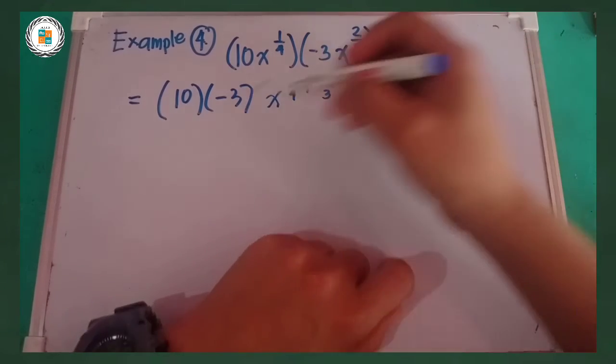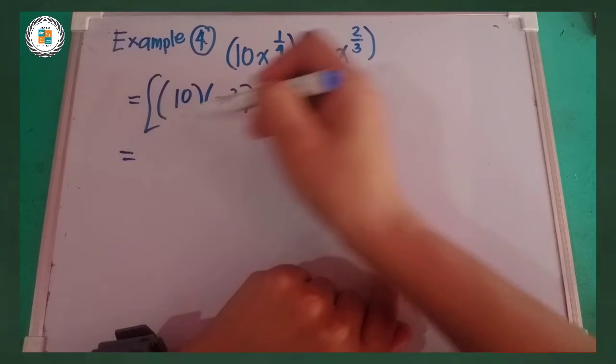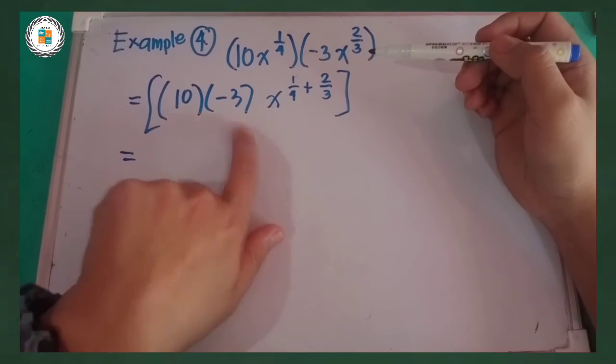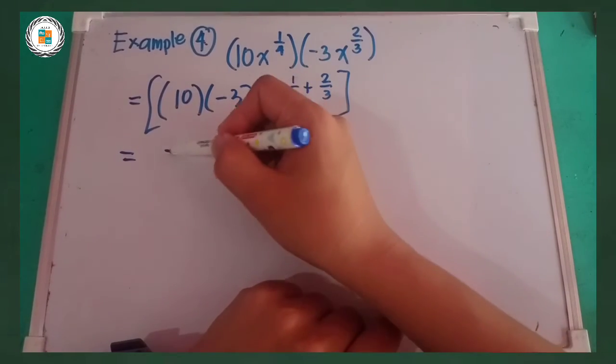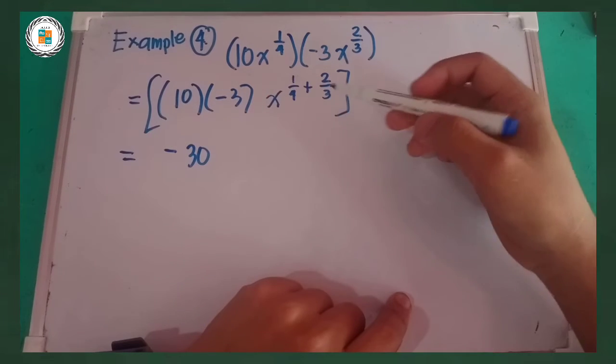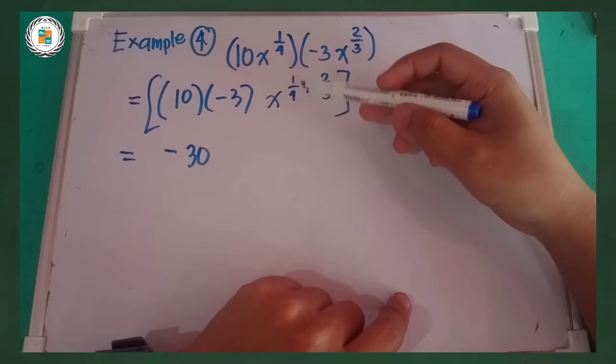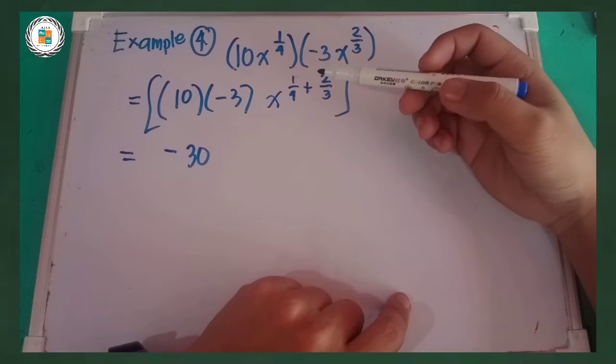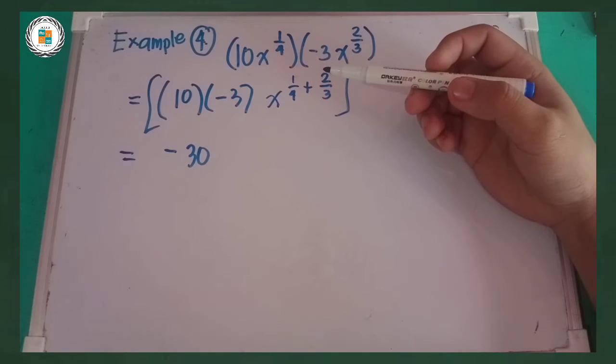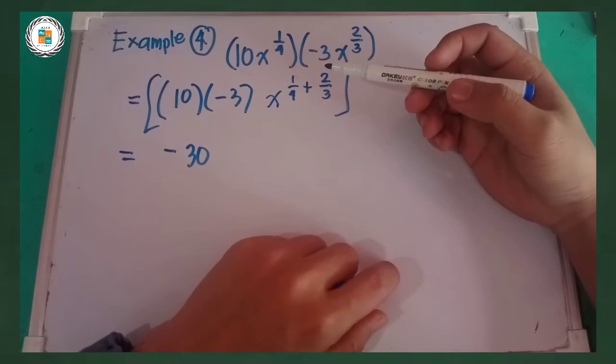Okay, so after this, 10 times negative 3, it's negative 30. And x raised to the power of 1/4 plus 2/3. So if you're going to add 1/4 and 2/3, the answer is 11/12.